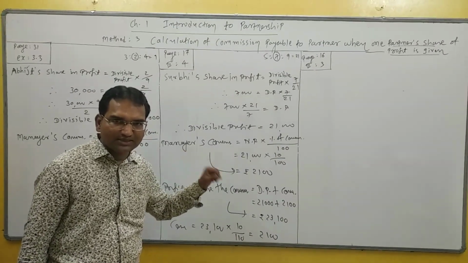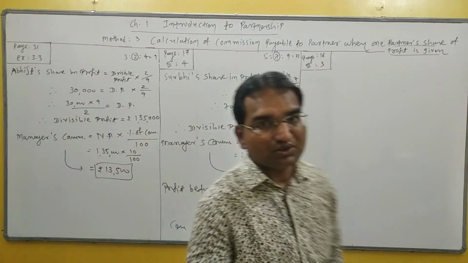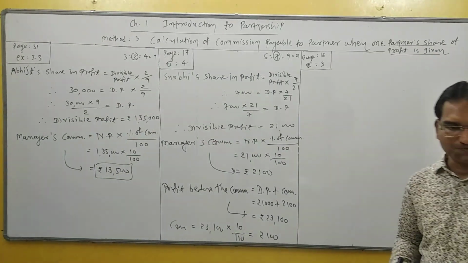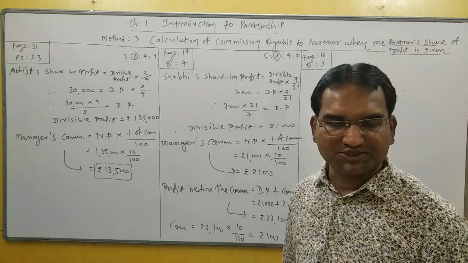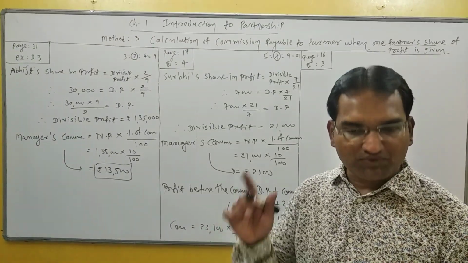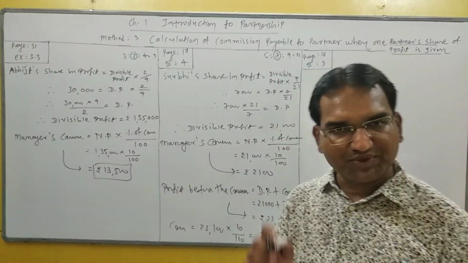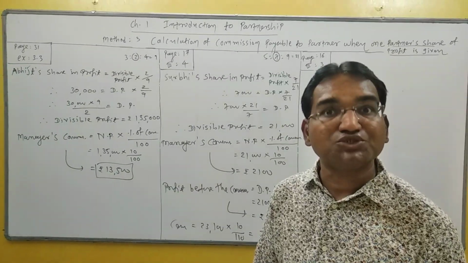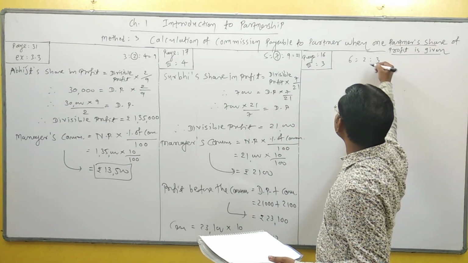Right? Let us take another illustration, illustration 3, to clear your concept of commission. This is a different type of illustration. Here the profit sharing ratio of 3 partners, Jayesh, Suresh and Pankaj, is given in the example as 6:2:3. Profit sharing ratio 6:2:3.